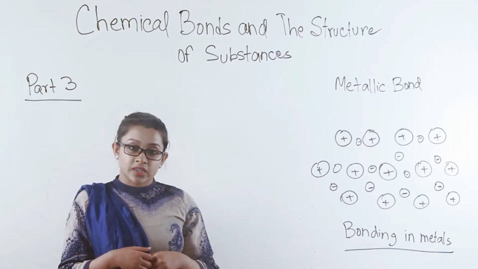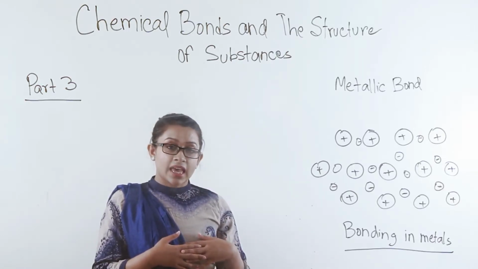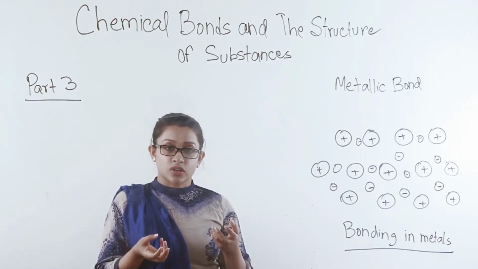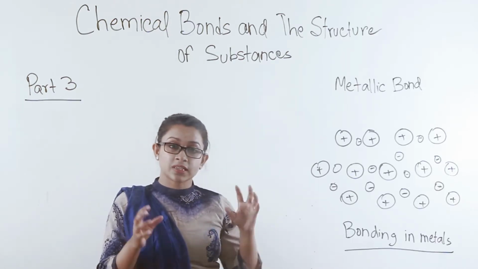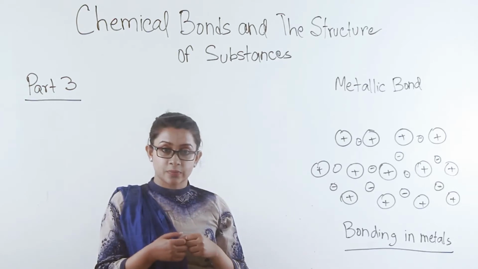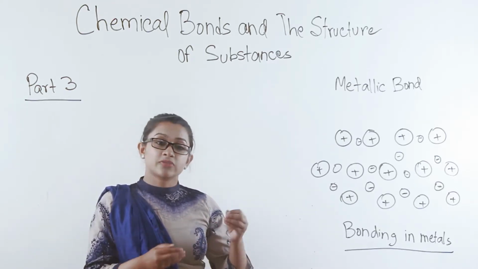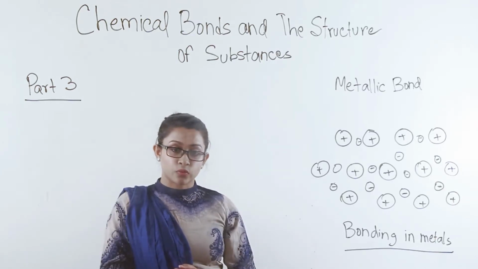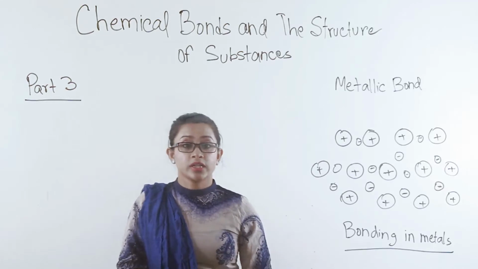Each metal atom gives away some electrons, forming a positive ion, and the free electrons that it gives up then move into the free spaces between these positive ions. Now, these positive ions are large, they cannot move, but the free electrons can move. As a result, the term delocalized was coined for them.